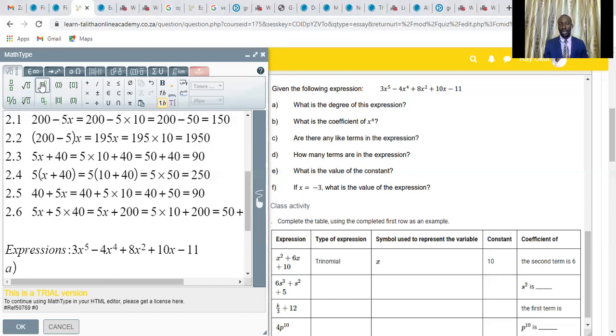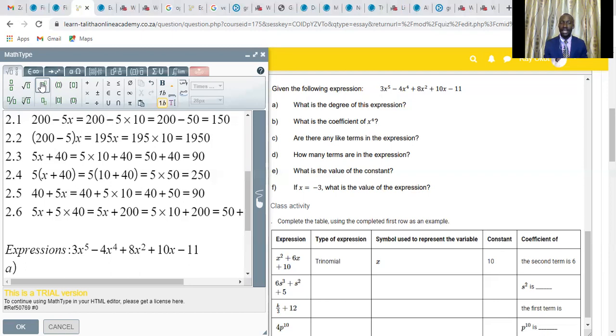Now, the word degree of an expression. Remember, this is an algebraic expression. So we say the degree of an expression means the highest exponent of the letter in question, like the highest exponent of the letter x in this expression.